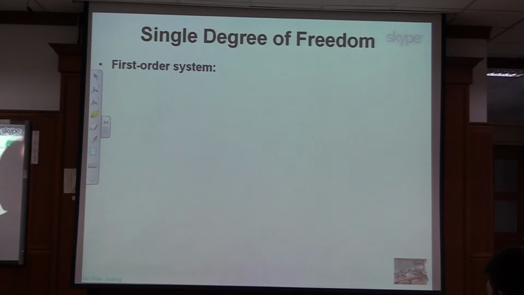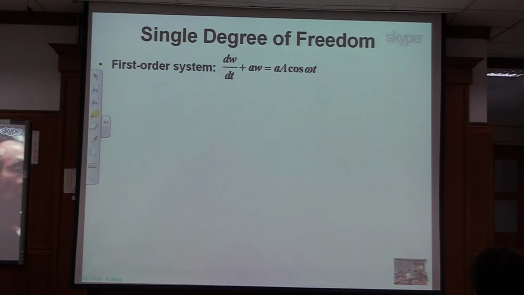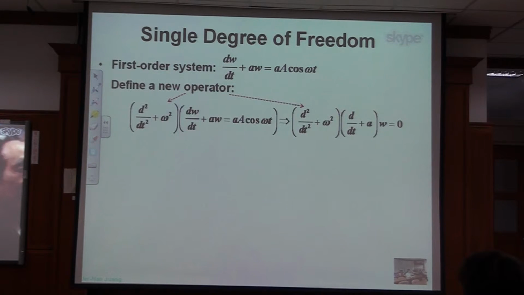Let's talk about the single degree of freedom first. Okay, this is the input part. I will talk more about the physical meaning of the system rather than just show you the mathematical formulations. Because if you just talk about mathematical formulations, then I don't think you will enjoy it too much.